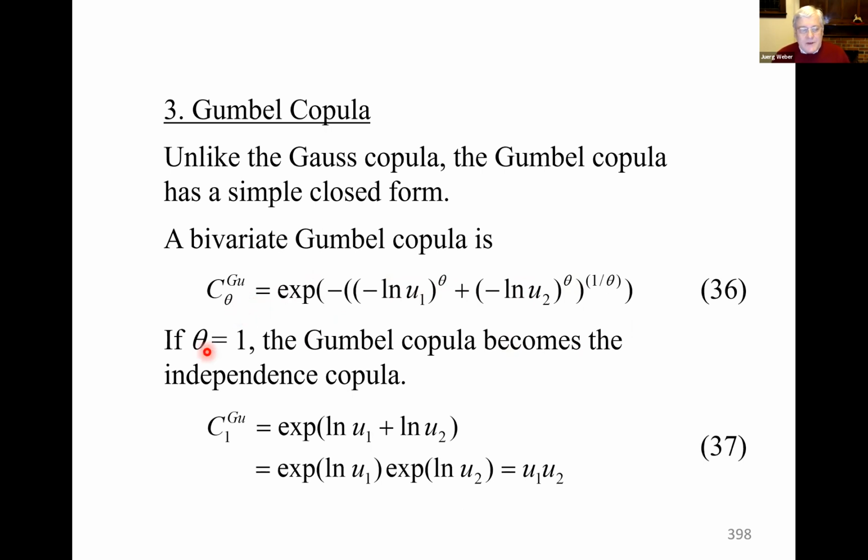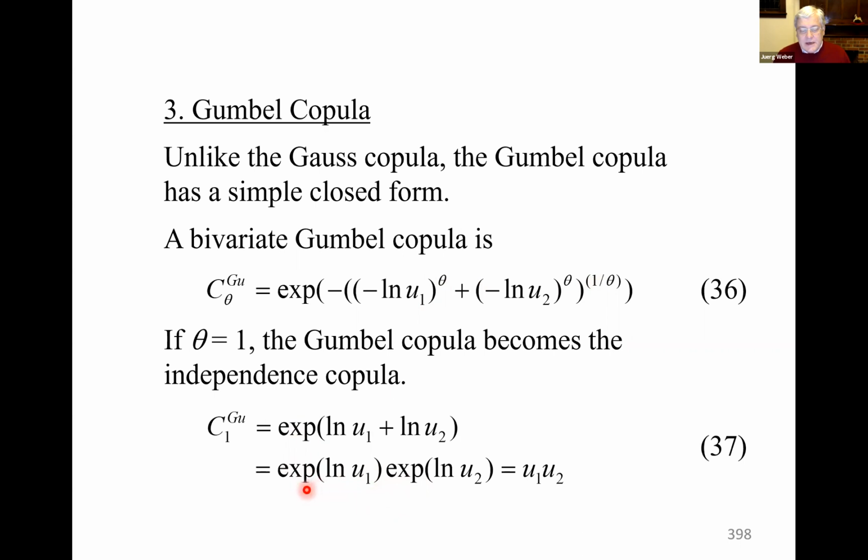Now, if the parameter is equal to 1, then the Gumbel copula becomes the independence copula. It's easy to do the math: plug in 1 here, 1 here, 1 here, then everything gets much easier. And then you can write this down as a product of two Euler numbers.